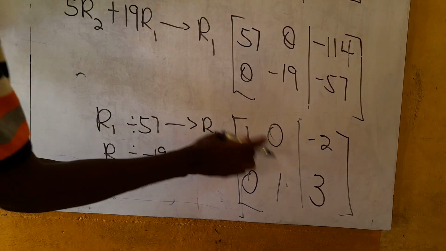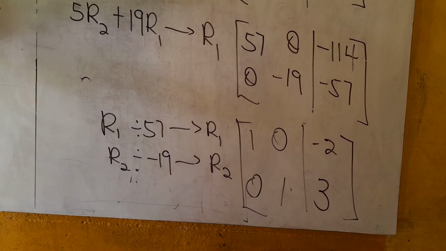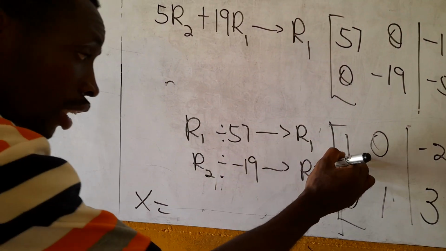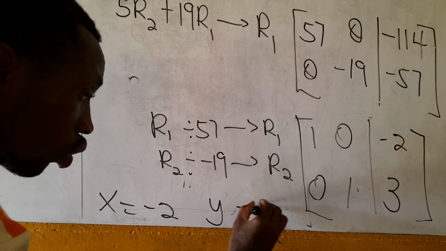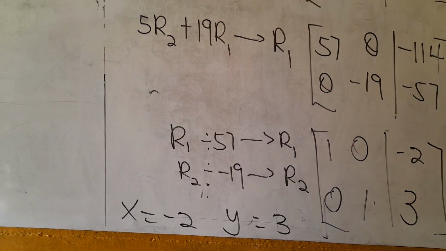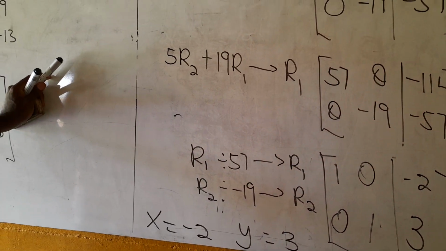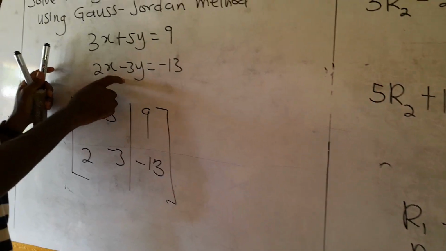So all the entries in the leading diagonal are now 1, and all the entries below and above it are 0. So we can say that x is equal to negative 2 and y is equal to 3. So x equal to negative 2 and y equal to 3 become our values for this system of equations.